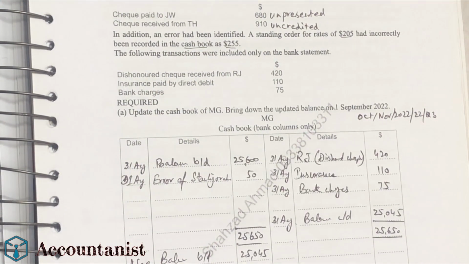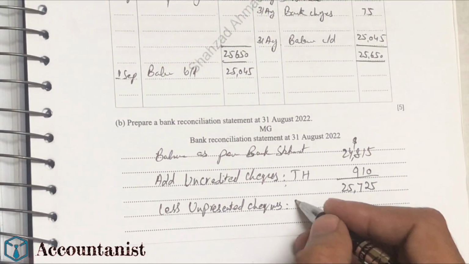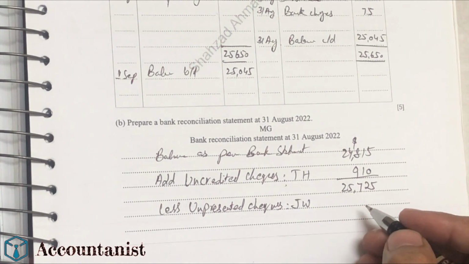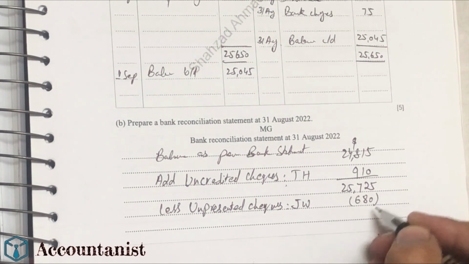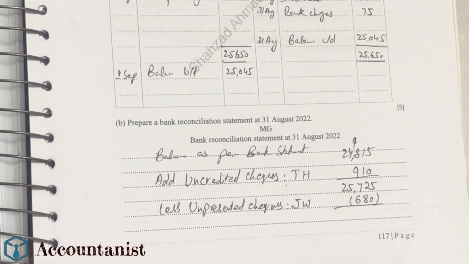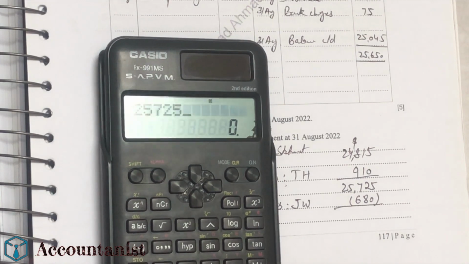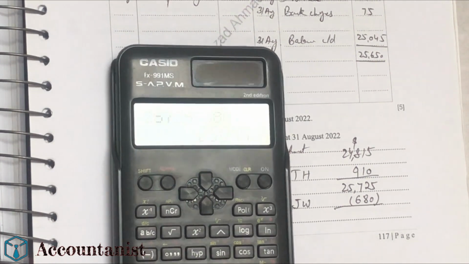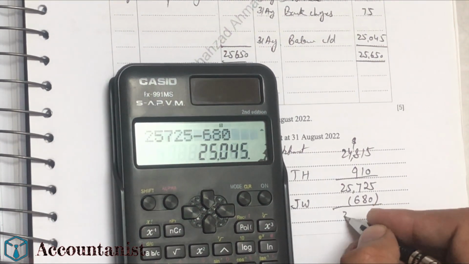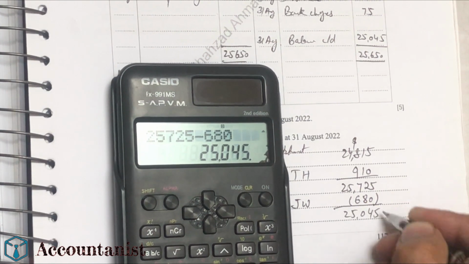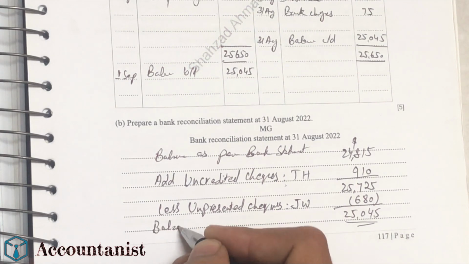So 680 will come up here with the name JW, and I'll deduct this from the balance. 25,725 less 680 gives us the balance of 25,045. This should be the same balance that we have in the updated cash book.